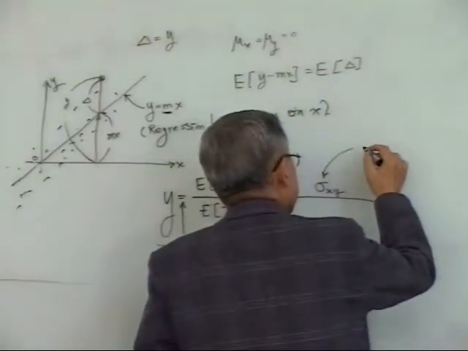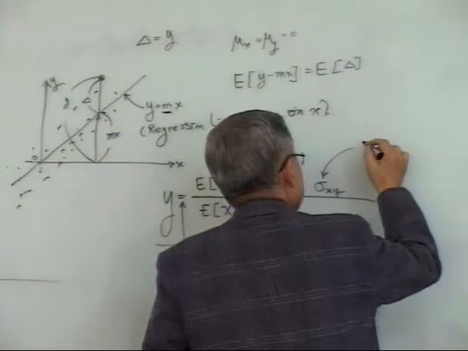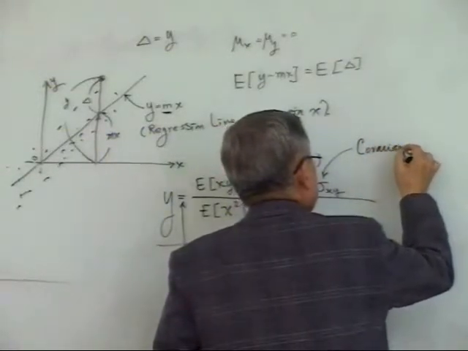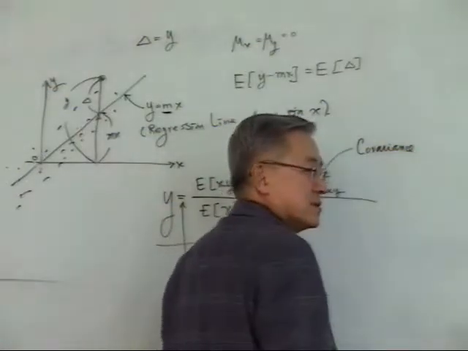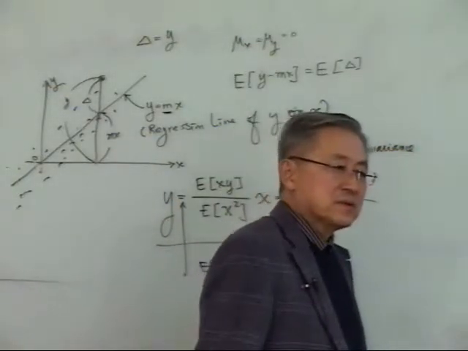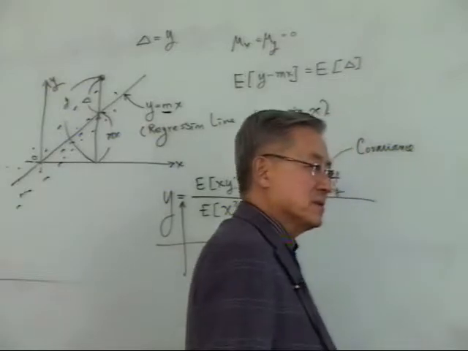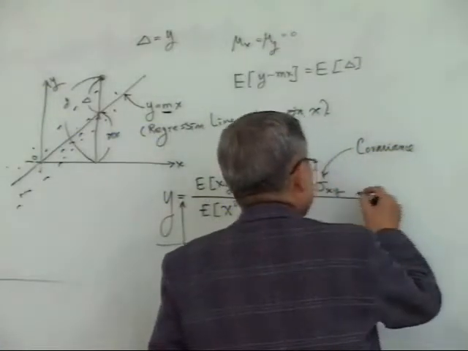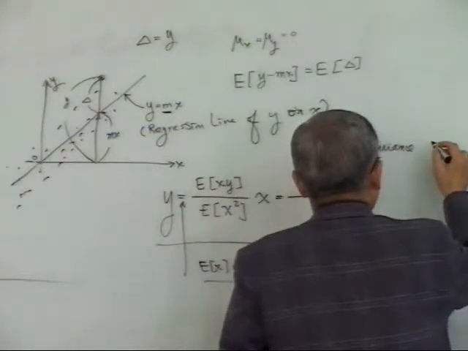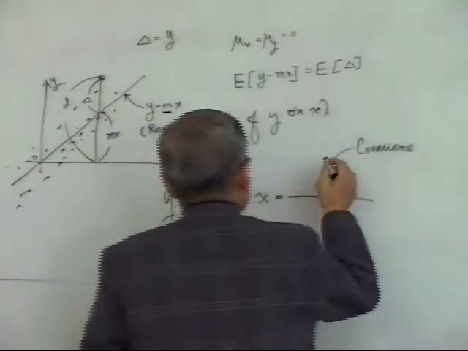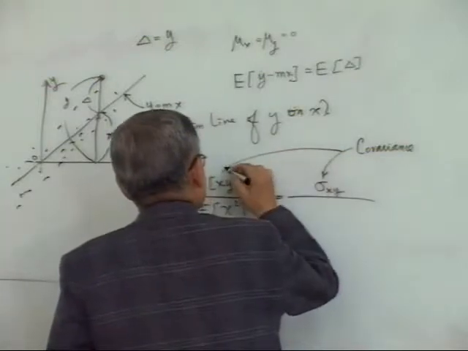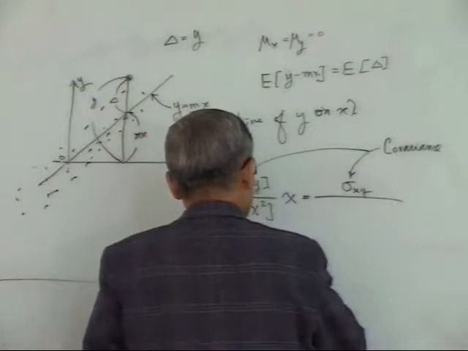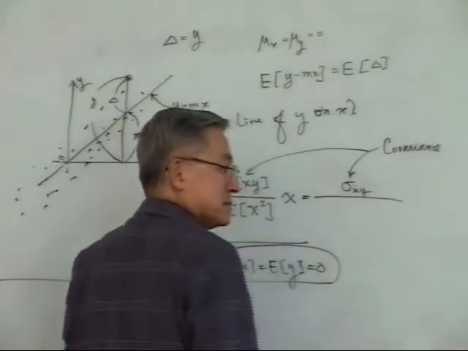Sigma xy here is called covariance. It's not the covariance function, it's simply the covariance. And here, sigma xy is, as it shows here, this is called right here. And this is what the fact is.